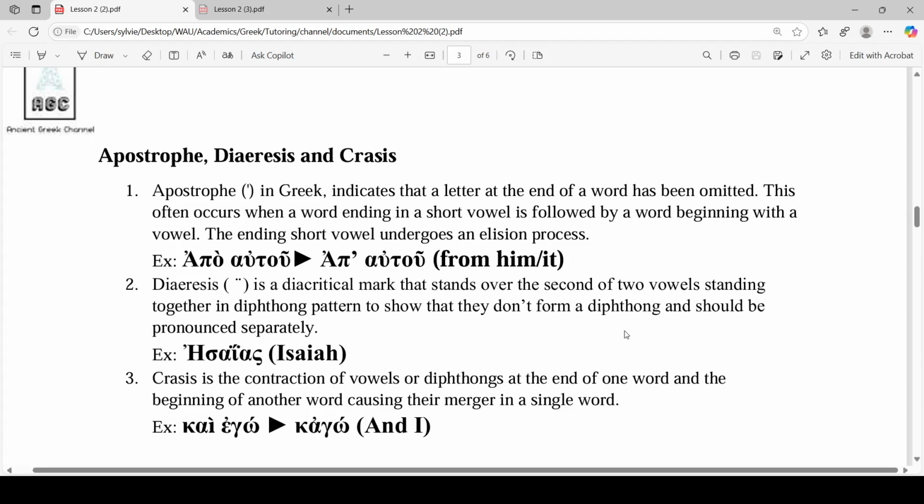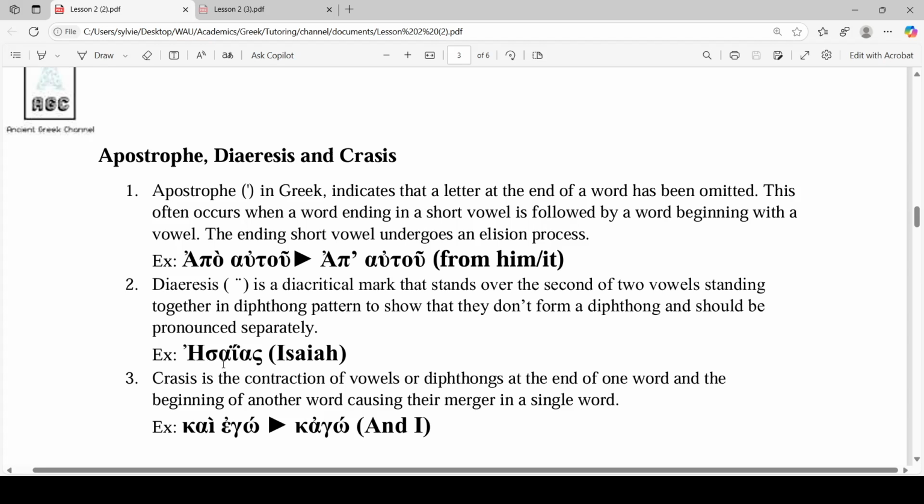So when we have 2 vowels that in a normal situation could have formed a diphthong, like alpha iota, but actually they don't because of this sign, you have this sign on the second vowel that will help you separate these 2 vowels in their pronunciation.